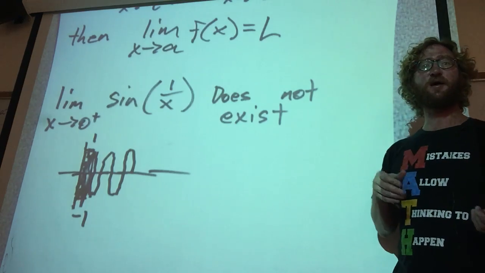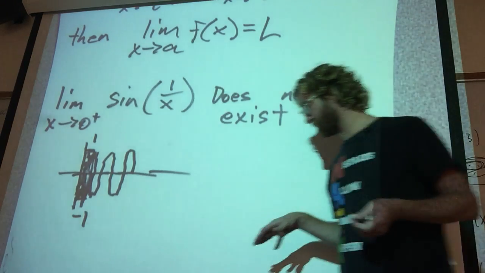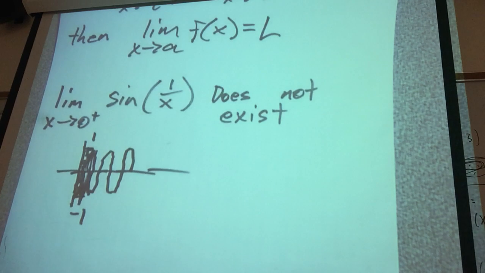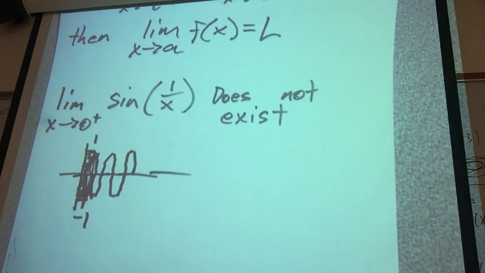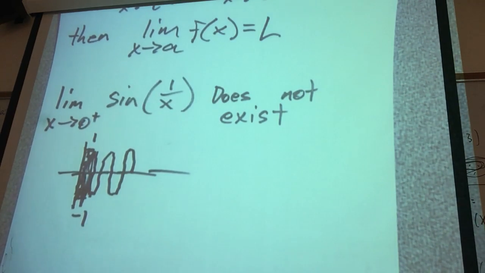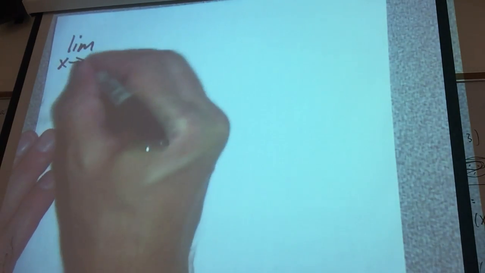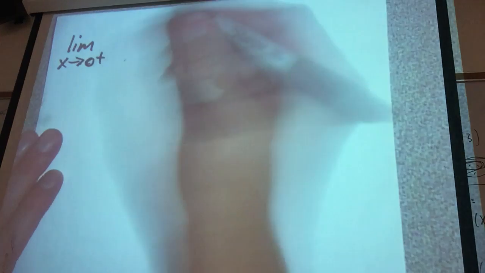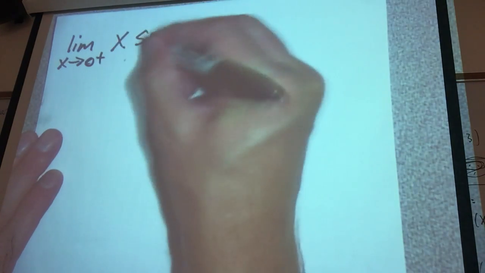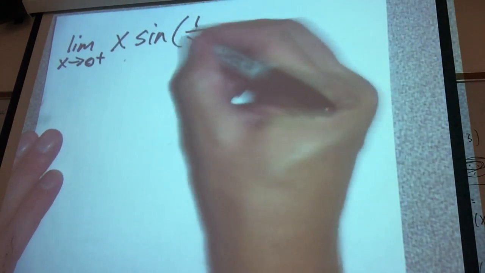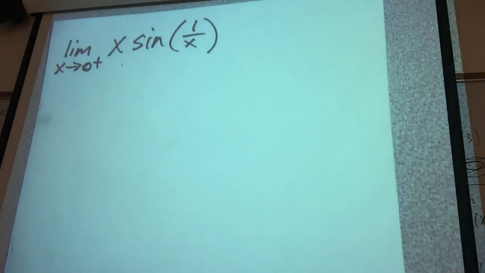Okay, so now we're going to investigate a slightly different problem. And this is going to use the property of the squeeze theorem. So instead of saying the limit as x tends towards 0 of sine of 1 divided by x, let's say we were going to look at the limit as x tends towards 0 from the right of x sine of 1 divided by x.